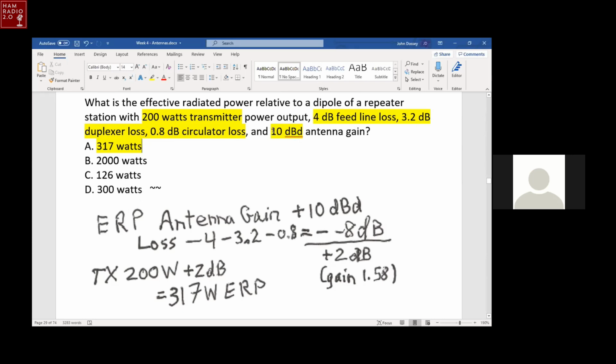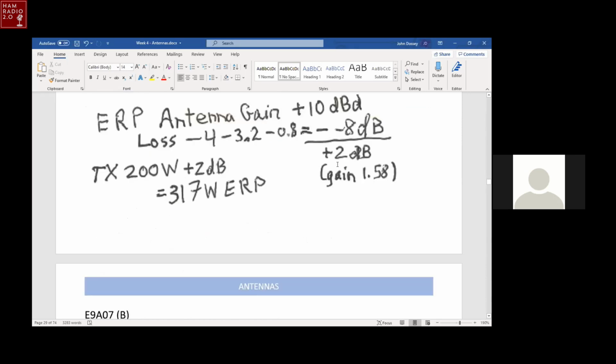And this would be 12 dB, 12.15 dB relative to an isotropic. And you think you're getting better gain, but you're not. You're only getting 10 dB relative to a dipole. Everybody get that example? Next example.